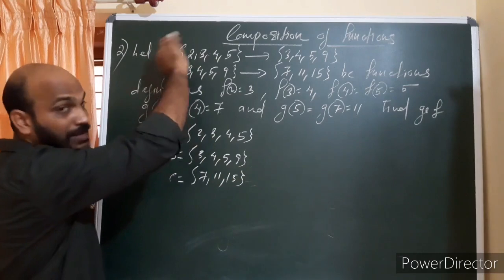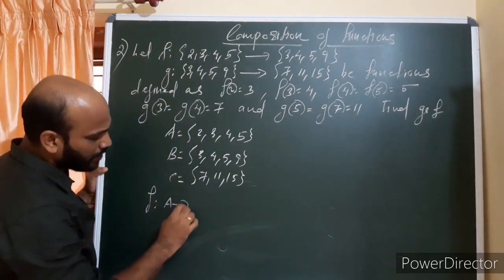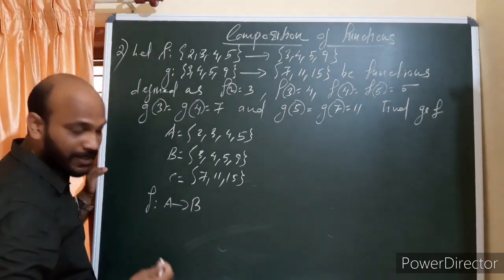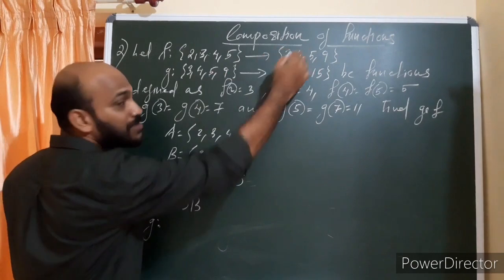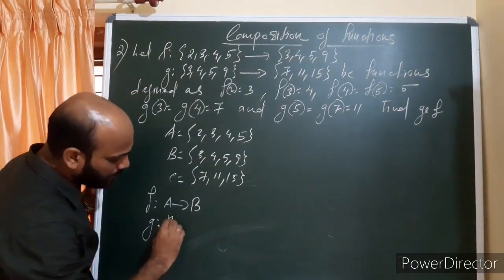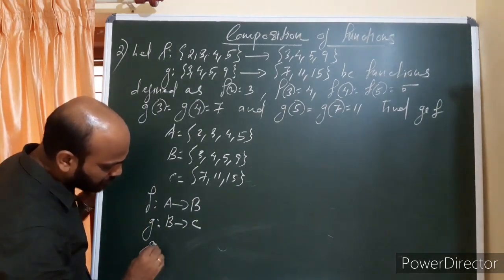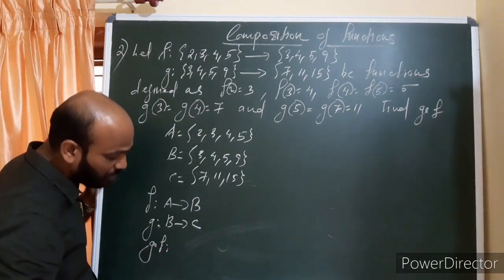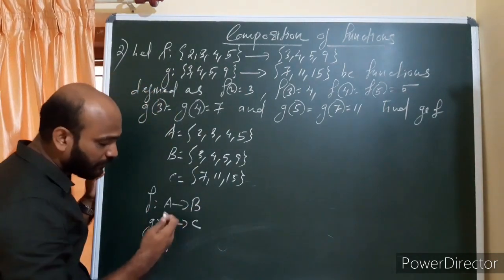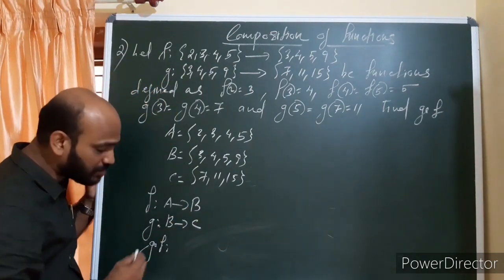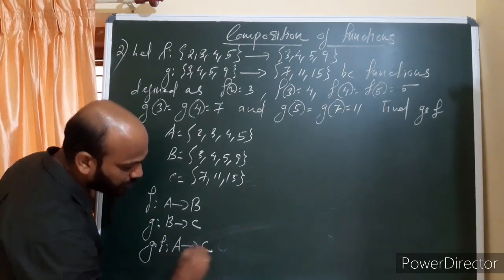So then we can rewrite this as f is a function from A to B, and g is a function from B to C. You have to find g of f. So f from A to B and g from B to C means g of f is a function from A to C.